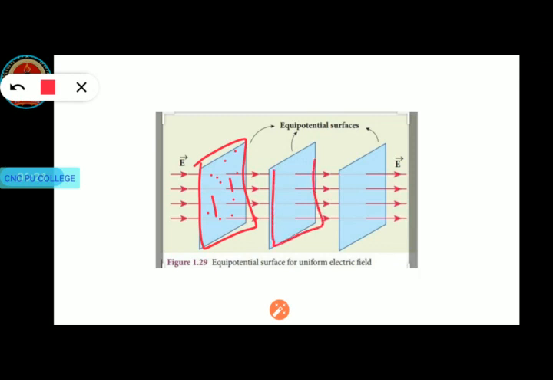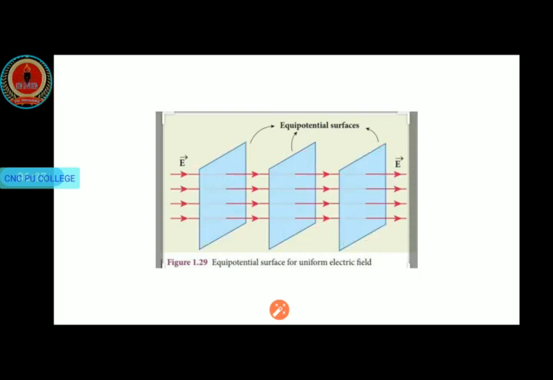In the same way, all the points on this surface have the same potential value. So this is the representation of equipotential surfaces in the case of a uniform electric field.